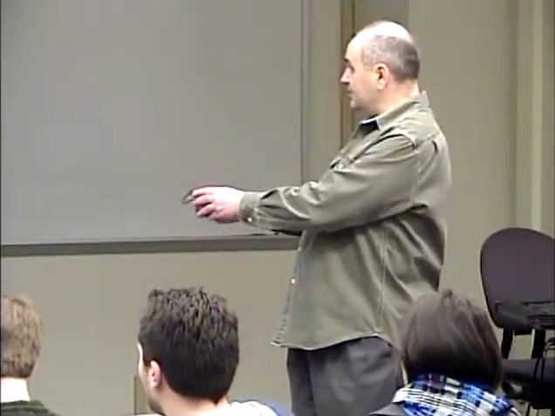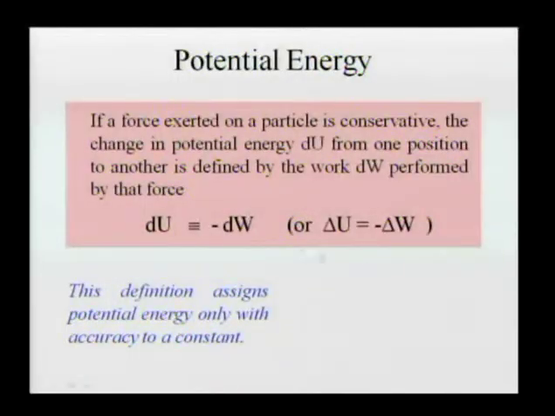So gravitational work was negative, which means the change in gravitational potential energy is positive, because the change in potential energy is opposite to that work. This is the work due to the conservative interaction, not the work done by the floor. You have to be careful about that.